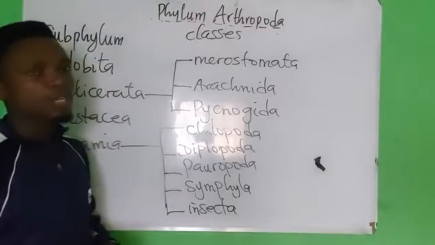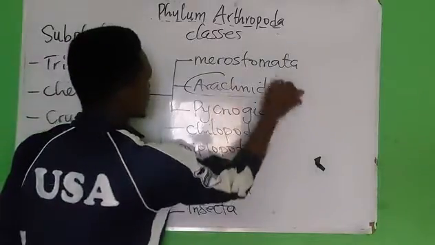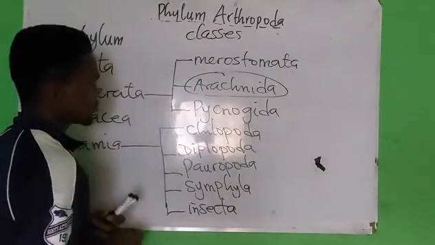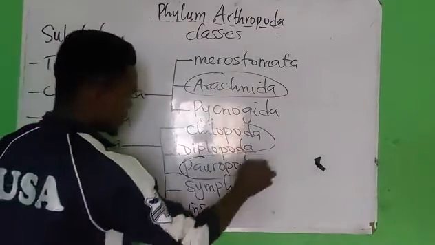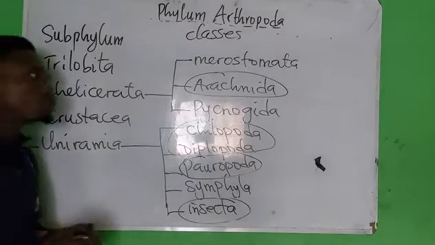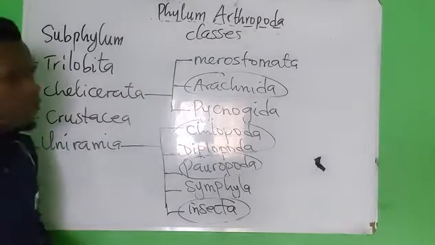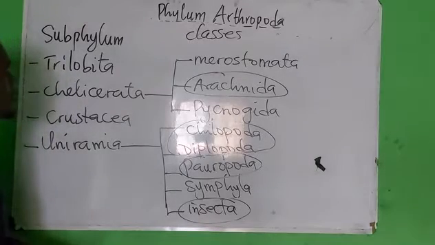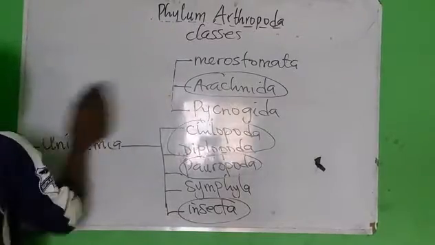Insecta. Our major concern is Arachnida. Alright, so as time goes on, we'll be doing justice to each of these, okay? But in today's class, we'll be treating class Arachnida.